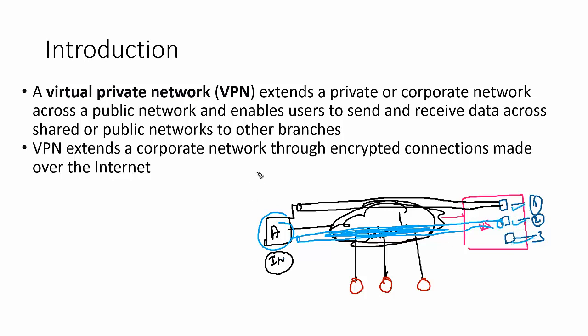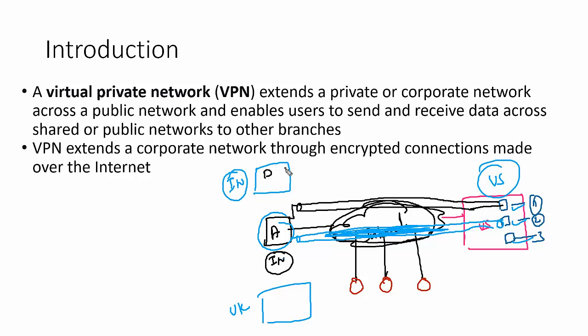Same like we have another branch. So this is the branch. Instead of a system, we have a branch in India and a branch in UK, with the head office in US. Now with the help of VPN, my internal user can access the other locations' resources.